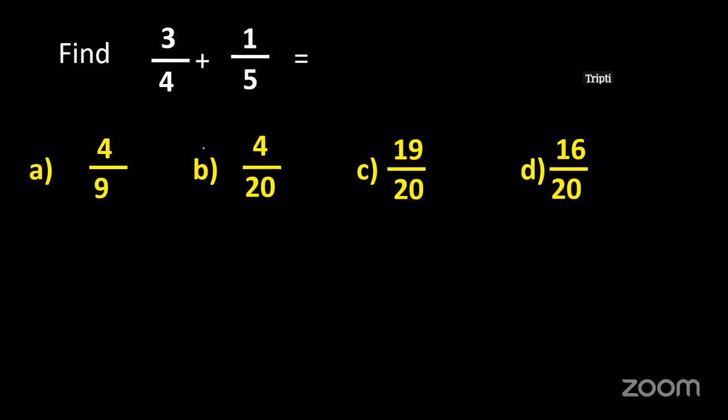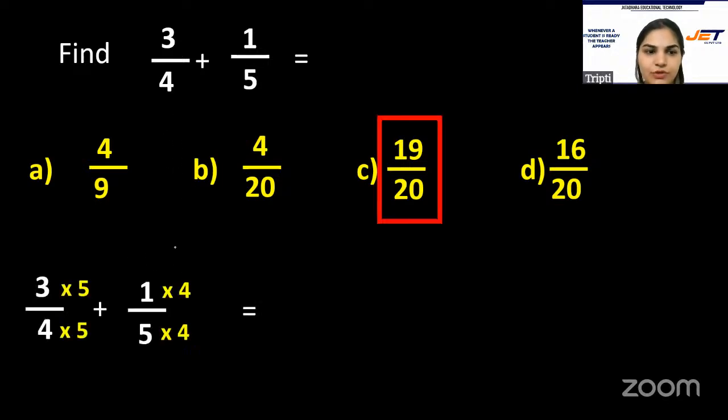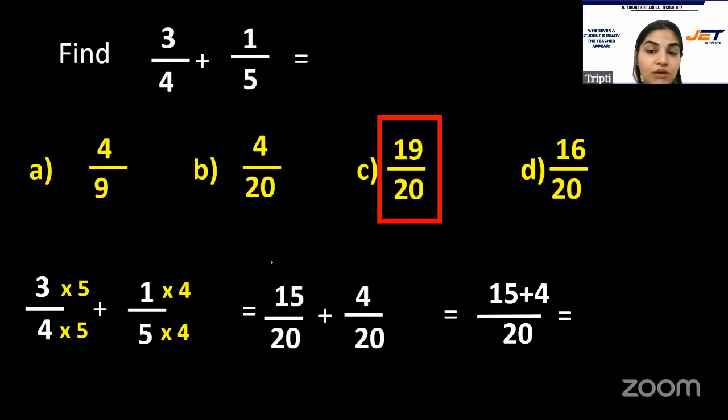All right. So I have made the denominator the same by multiplying the denominator of the first fraction with the second, and the second fraction with the first. Here I got 15 by 20 plus 4 by 20, which is 15 plus 4, 19 by 20.